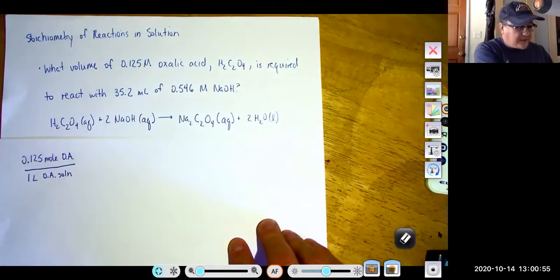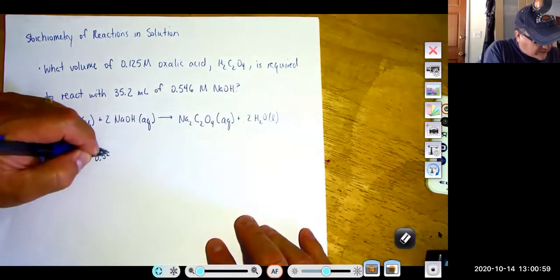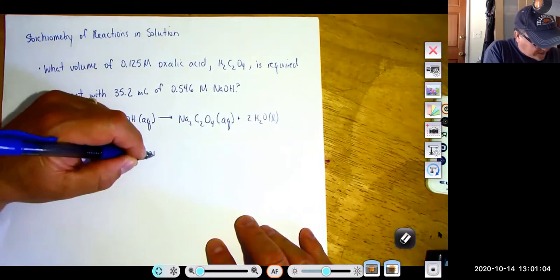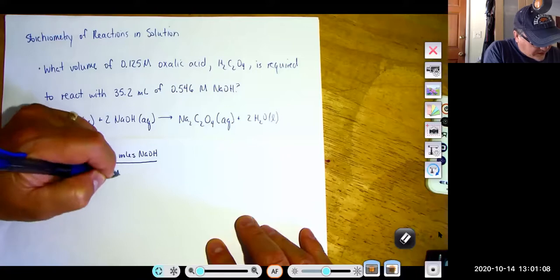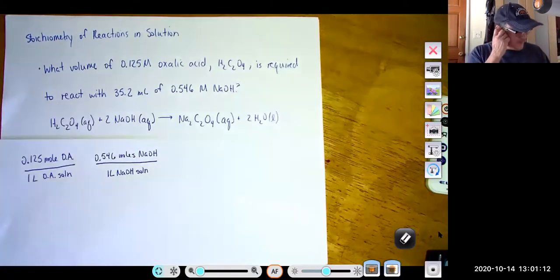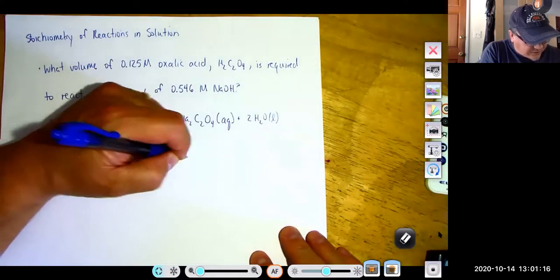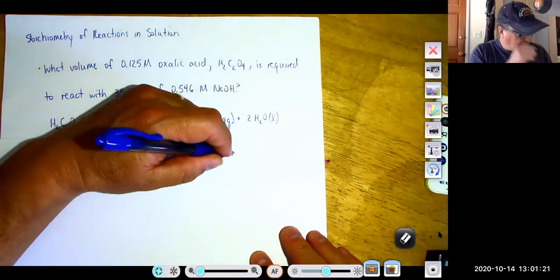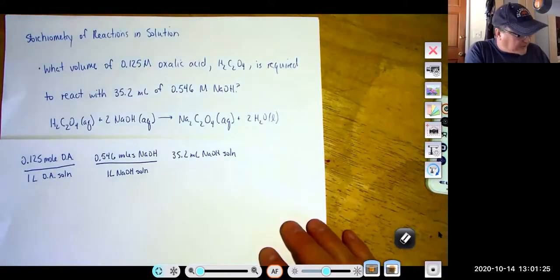This number here is 0.546 moles of sodium hydroxide per 1 liter of sodium hydroxide solution. And then we also have 35.2 milliliters of sodium hydroxide solution. So this is what we're given for the beginning information along with the balanced reaction.